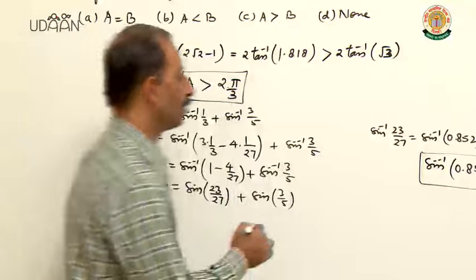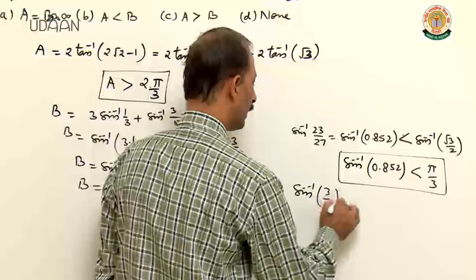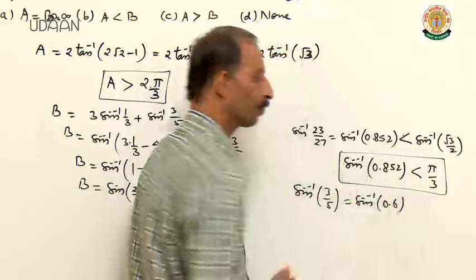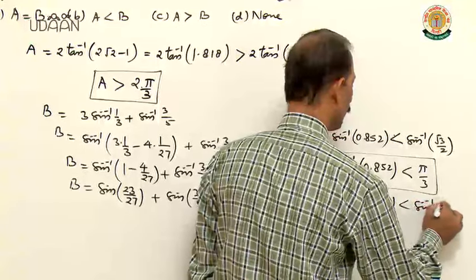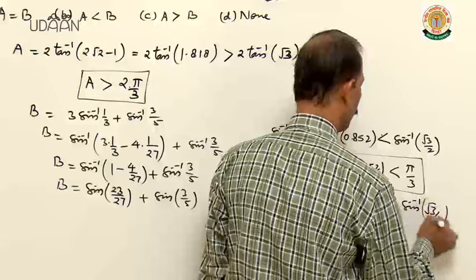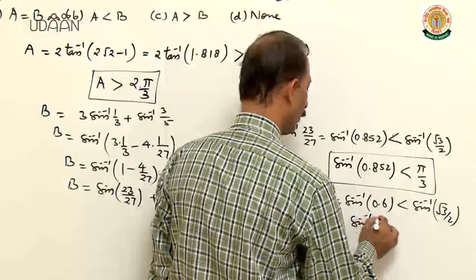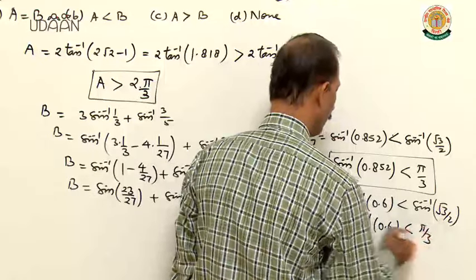And sin inverse 3 by 5 is sin inverse 0.6, and that is also less than sin inverse root 3 by 2. So from here you can say sin inverse 0.6 is also less than pi by 3.